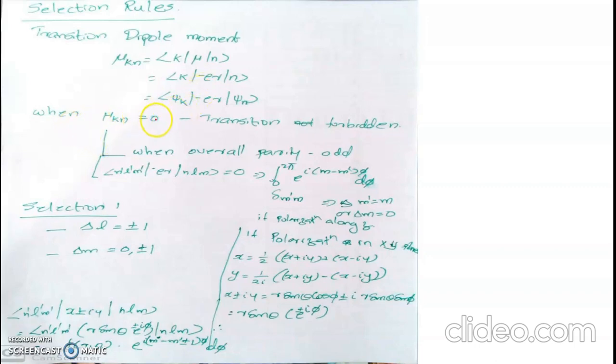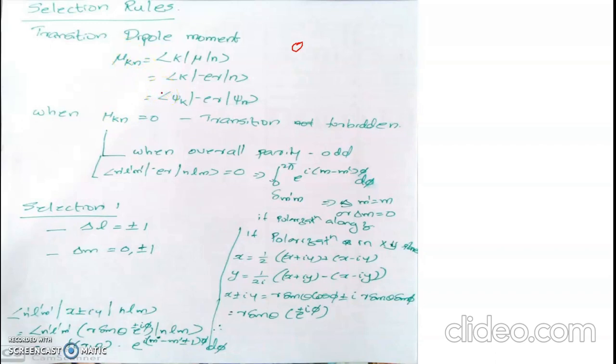When mu kn is equal to 0, then the probability amplitude corresponding to that transition is 0. That means such a transition between an initial state ket n and a final state ket k is not allowed; these are forbidden transitions. So there will be a transition if and only if mu kn is not equal to 0.